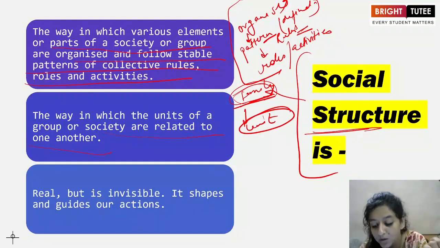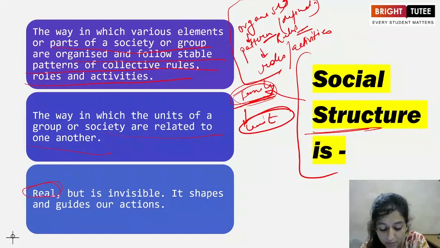We were talking about how this unit as a family is related to the society, how a group of people, let's say of a neighborhood, or a whole residential society or an apartment, is related among each other, and is again related to the society in a bigger picture. That is what comes under the social structure.